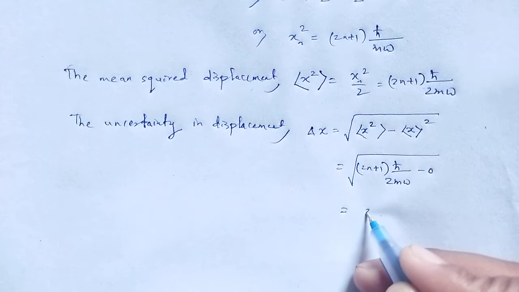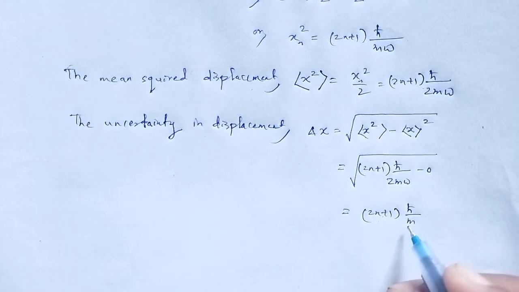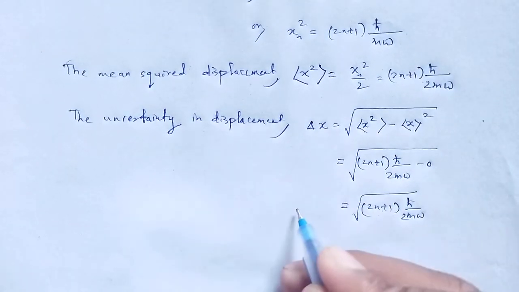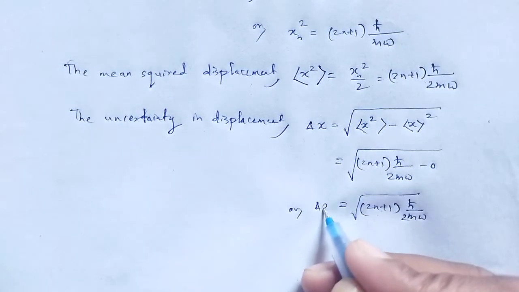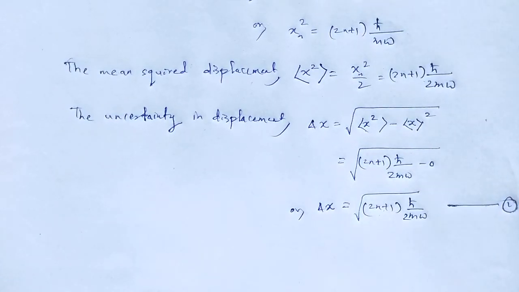So Δx is equal to the square root of (2n+1)ħ/(2mω). This is the value of the uncertainty in position, let this be equation number 1. Next we have to calculate the uncertainty in momentum.